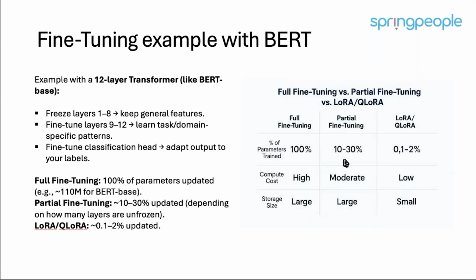And this table summarizes it: if you are doing full training, all the parameters are used, so it's high, and of course the storage size will also be high. When you are doing partial fine tuning, we are talking of again 10 to 30% of parameters being trained, and the cost is still moderate, as you see.